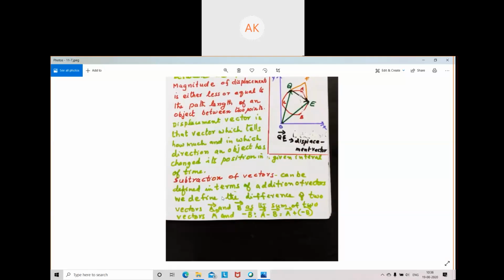Suppose we have to subtract B from A. Subtraction of vectors can be defined in terms of addition of vectors. We define the difference of two vectors, vector A and vector B, as the sum of two vectors A and minus B. So when A and minus B are added, we get A minus B. So vector A plus minus of vector B. I'll show you the figure.